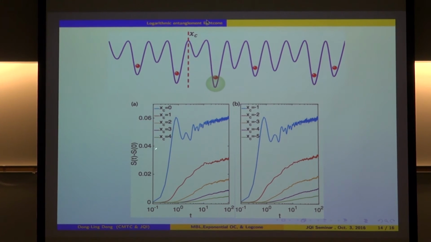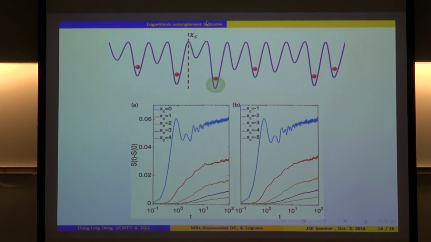As you can see, there is indeed some entanglement growth after some time. For instance, for this cut far from the perturbation, xc equals 4, it will take longer for the entanglement to grow.